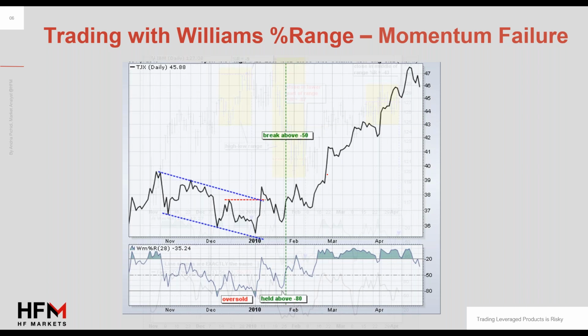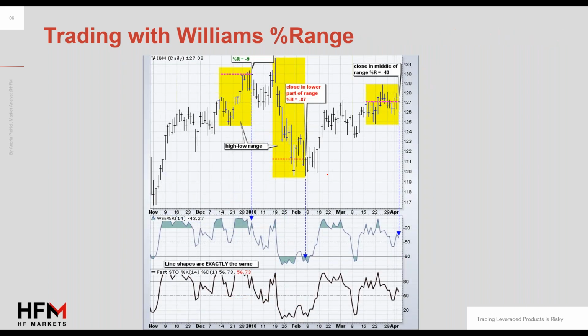Okay, and another one. This is another one in which you can take into consideration the value of the Williams indicator.